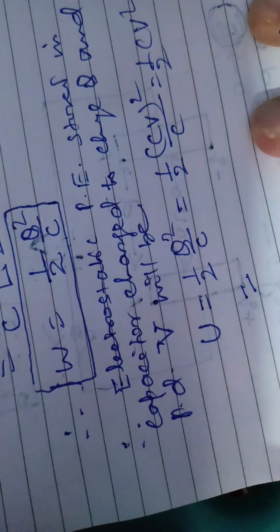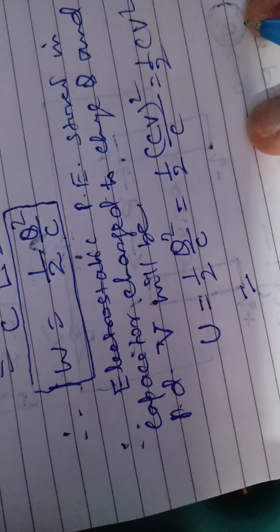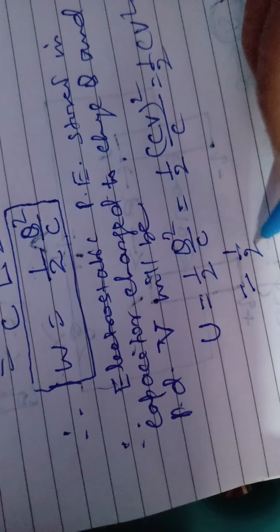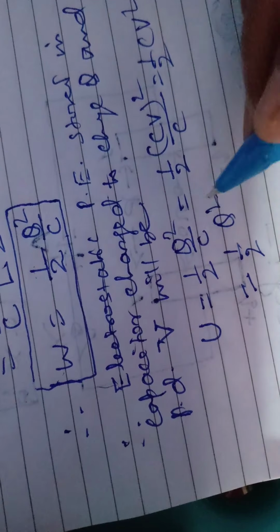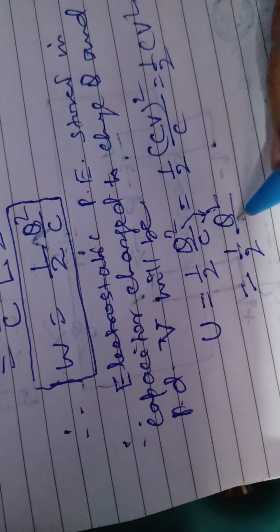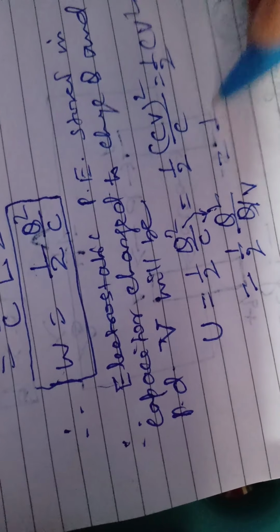Further, it can be brought in terms of Q and V. For this, you see, this is Q square, and for this C, what can we write? Q by V. What would it be now?